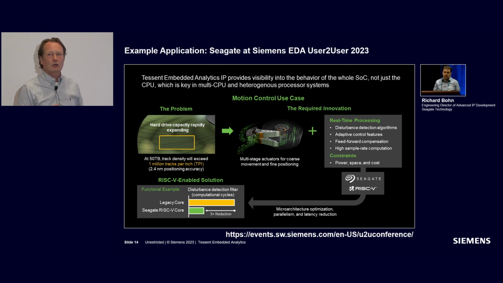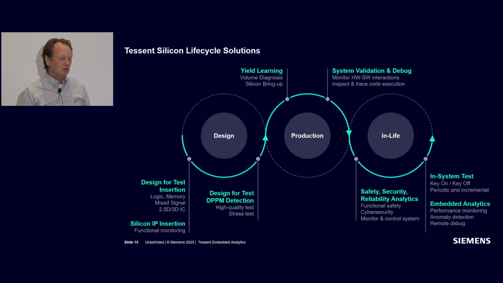So I hope this has given you a little bit of insight into Tessent Embedded Analytics, which, by the way, is part of what we call the Tessent Silicon Lifecycle Solutions, or the Tessent product family.